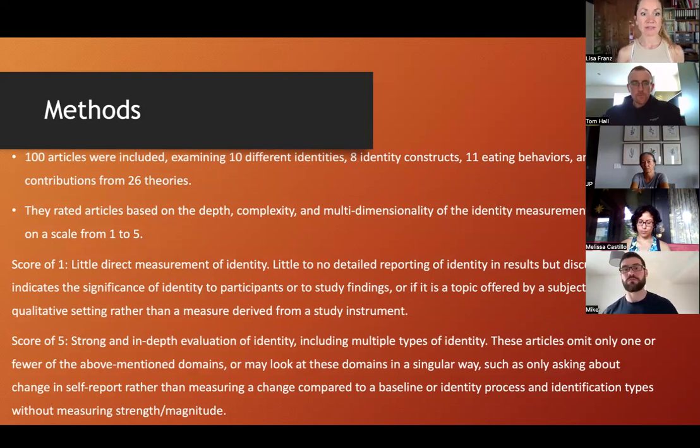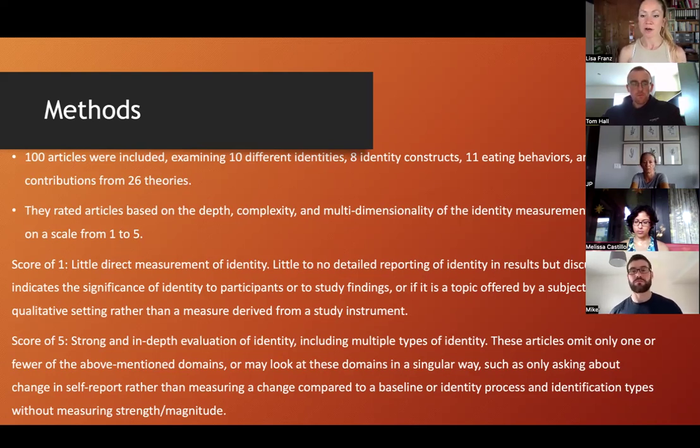They rated articles based on the depth, complexity, and multi-dimensionality of the identity measurement in the study on a scale from 1 to 5. 1 would signal that there was little direct measurement of identity, little to no detailed reporting of identity in results, but discussion indicates the significance of identity to participants or to study findings, or if it is a topic offered by a subject in a qualitative setting rather than a measure derived from a study instrument. 5, on the other hand, would mean a strong, in-depth evaluation of identity, including multiple types of identity.